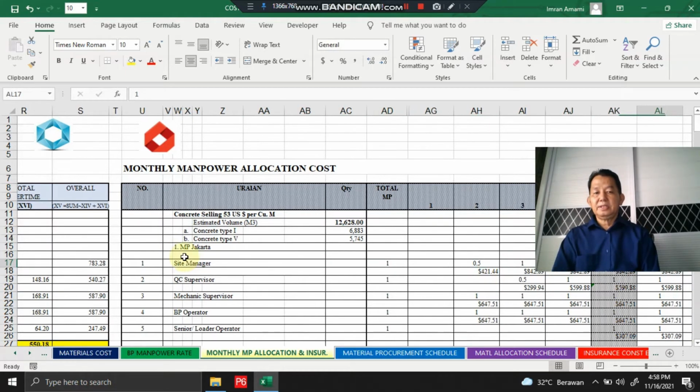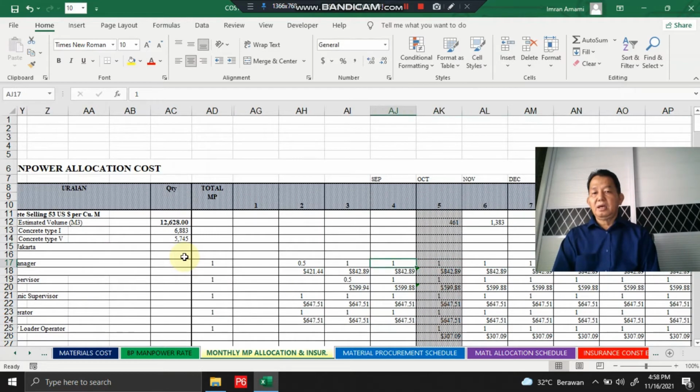Yes, this is adjusted to the monthly concrete demand schedule, but we compose the manpower allocation schedule 2 months earlier than the monthly concrete demand schedule. This is for a specific reason or a specific interest to the project.